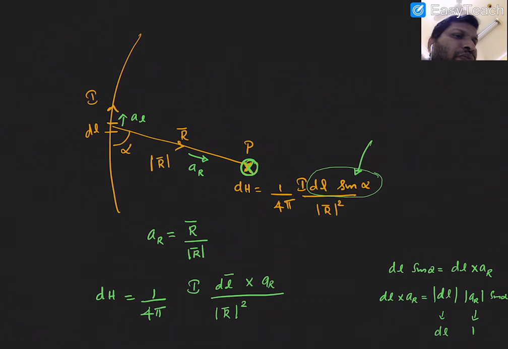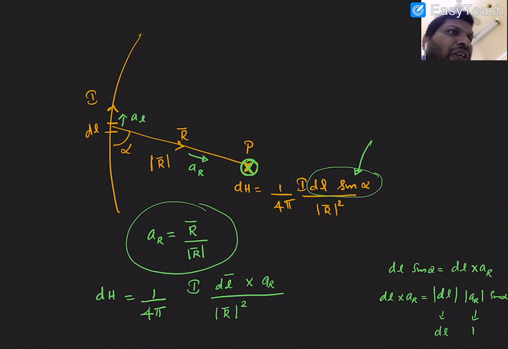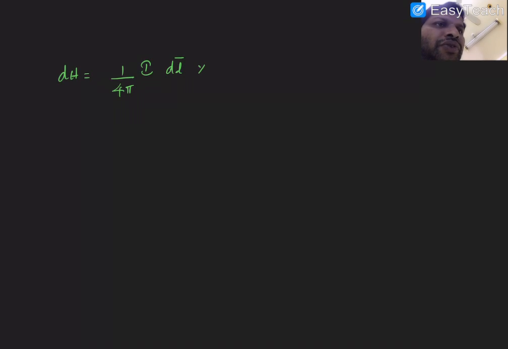But you know the vector AR is given as the vector R over the magnitude of vector R. So in general, I can represent my dH as 1 by 4 pi, I is the current, then the vector dl cross the vector R over the magnitude of vector R, and already there is the magnitude of vector R the whole square.